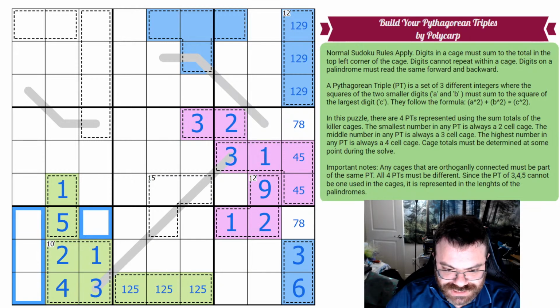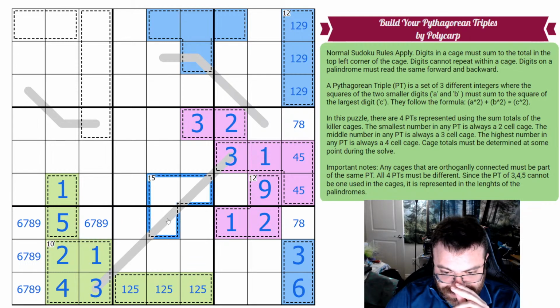So the rest of this box, we have 1, 2, 3, 4, 5. So we need 6, 7, 8, 9. This is here, so this can't be 1, 2, 3, or 5. So this is 4, 6, 7, 8.